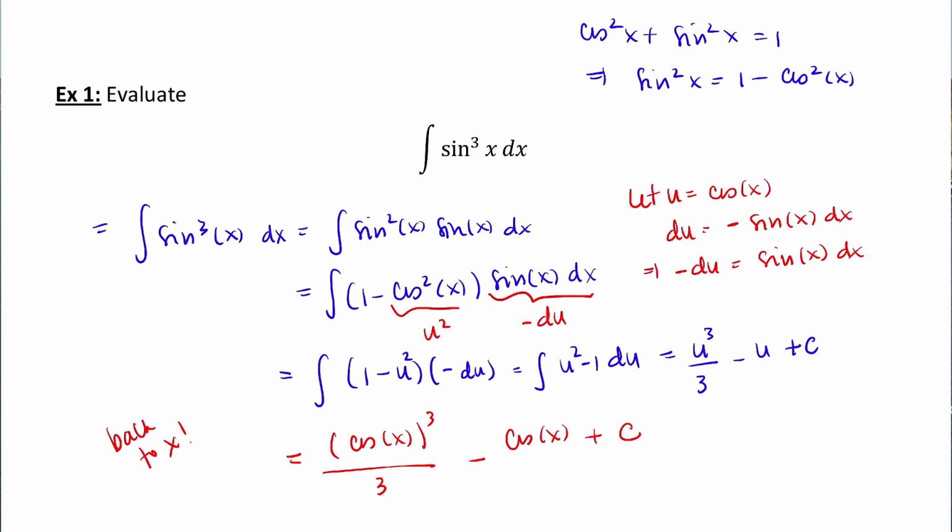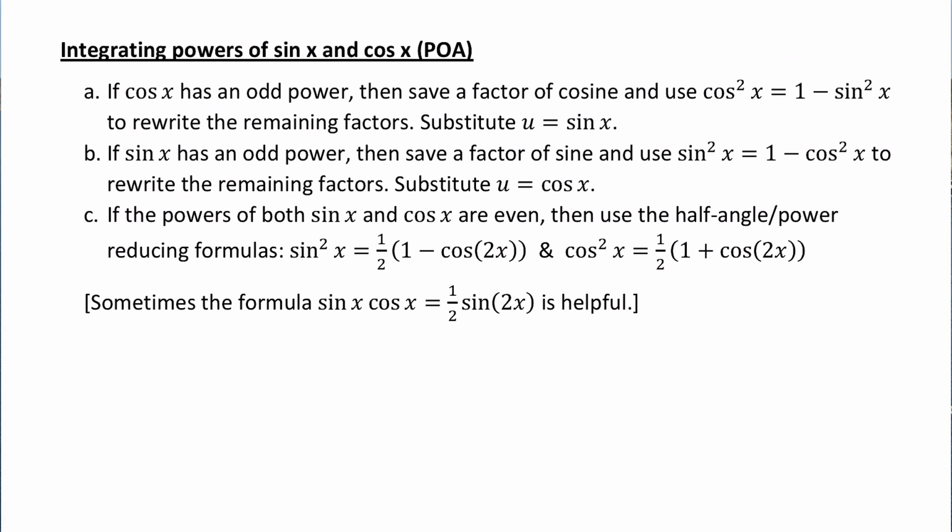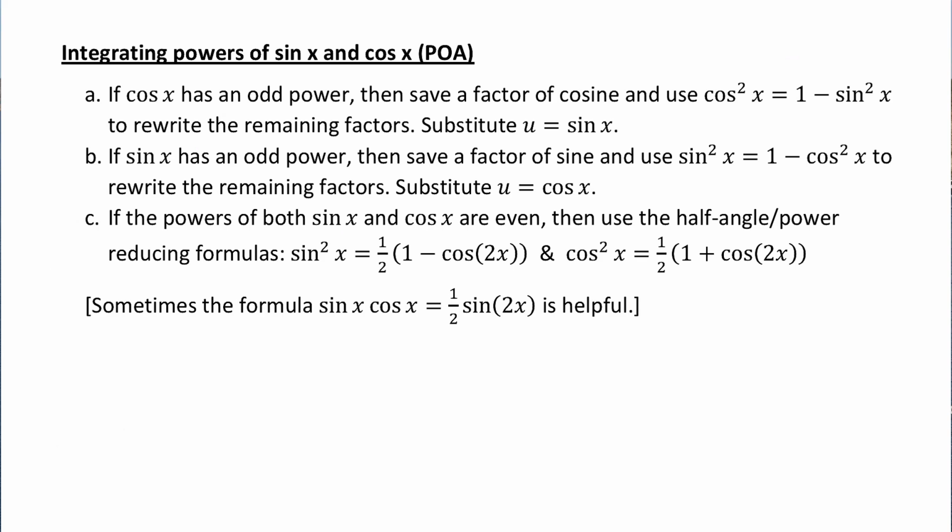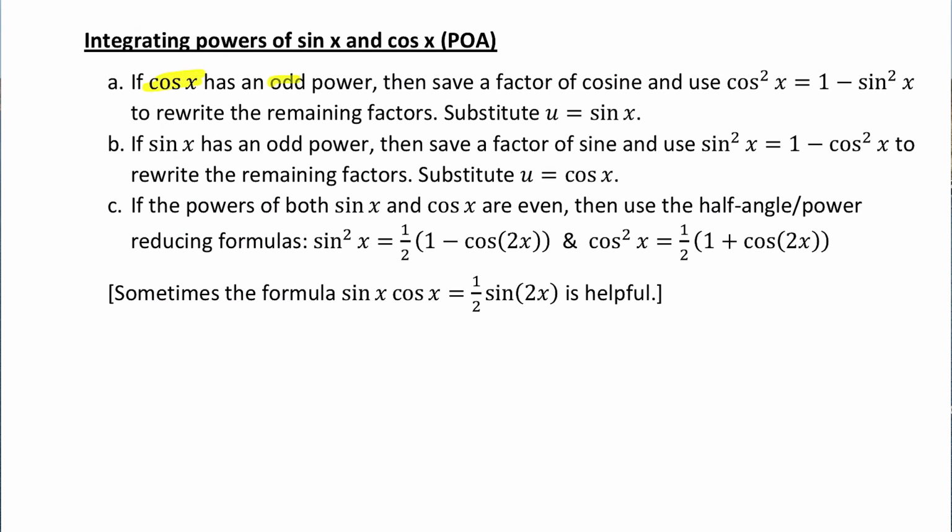Let me give you what I like to call a plan of attack, which is just a strategy. If cosine has an odd power, then save a factor of cosine so that you can write the remaining cosine squared, or cosine squared of some other power, in terms of sine. We do the same thing if sine has an odd power: we save a factor of sine, and we use the fact that sine squared of x is equal to 1 minus cosine squared of x.